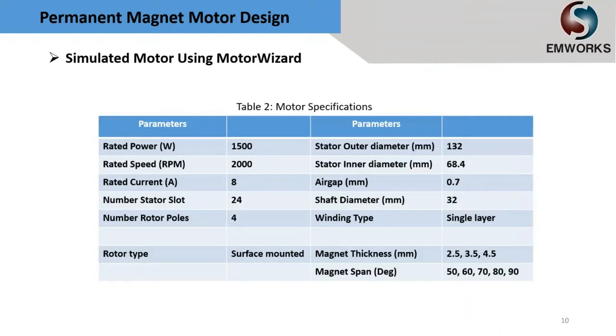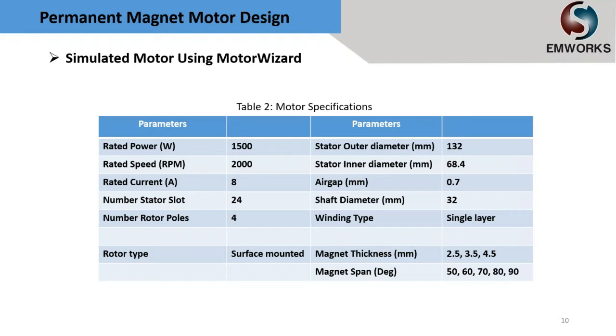Okay, to study the effect of the magnet dimension on the machine performance, a 2HP surface mounted permanent magnet motor has been chosen. The specification of the motor are shown here in this table. The original design of the machine has 3.5 millimeter of magnet thickness and 70 degrees of magnet span.